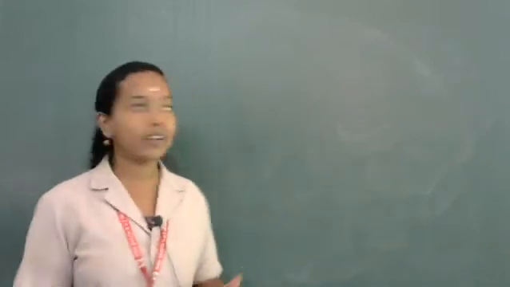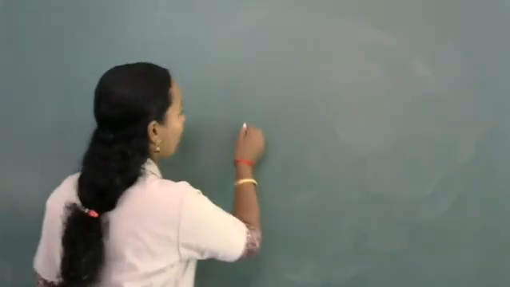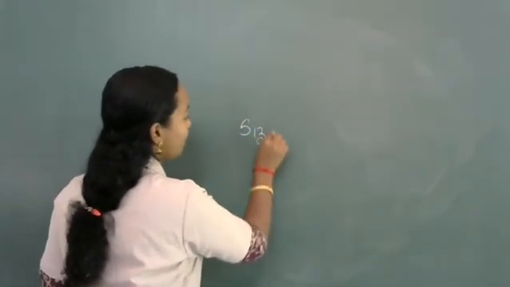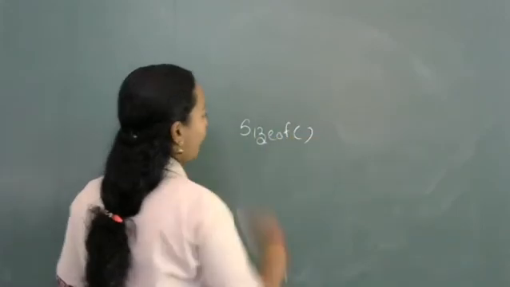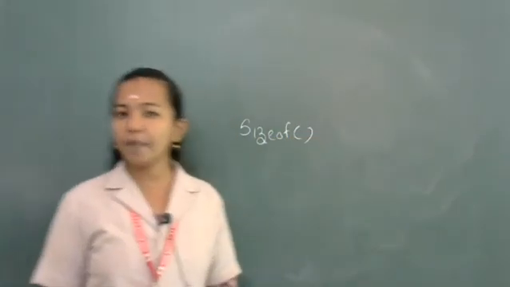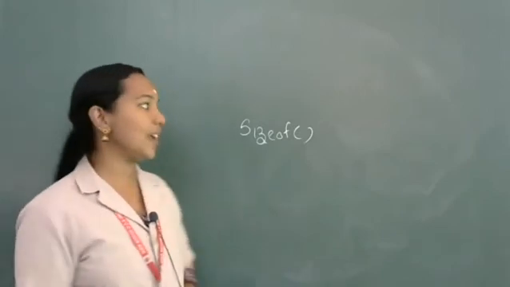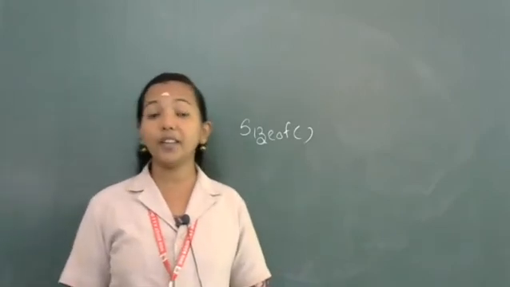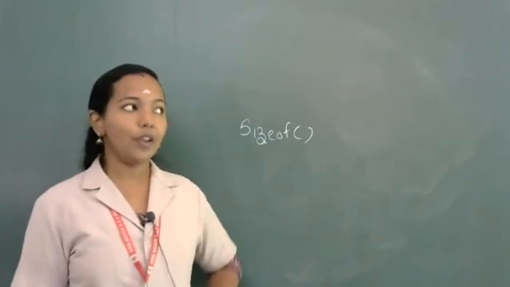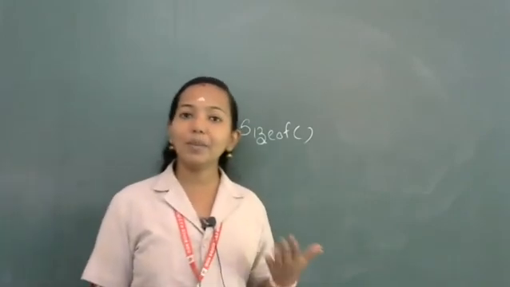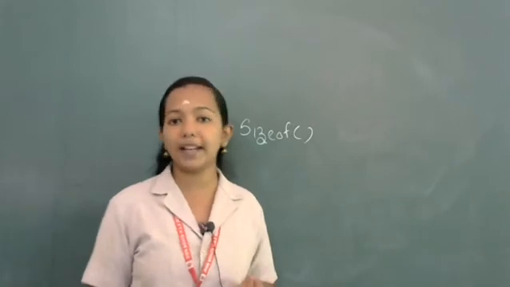Before that there is one more operator present, known as the sizeof operator. The sizeof operator is used to identify the size of a variable. For example, if the variable is integer, it requires 4 bytes of memory.